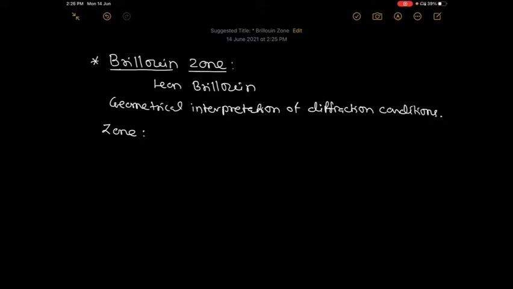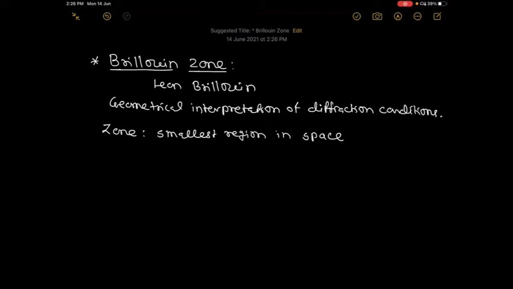Such a zone is the smallest region in a real or reciprocal space lattice. Hence the space lattice should be real or reciprocal.